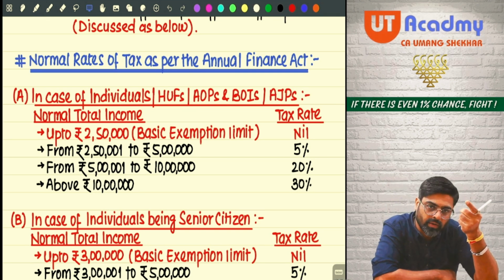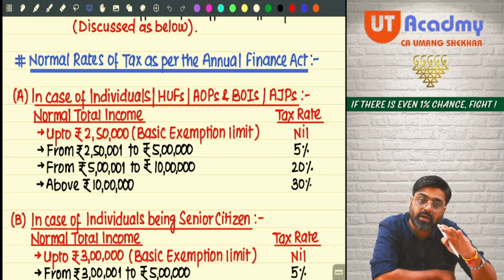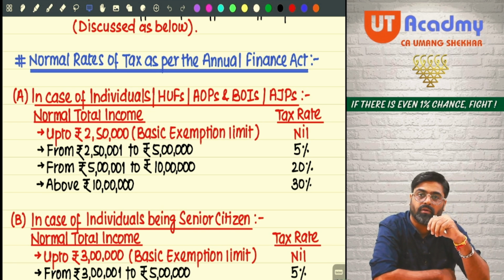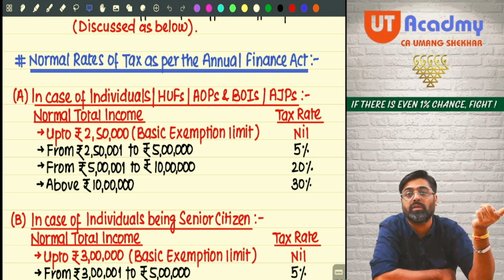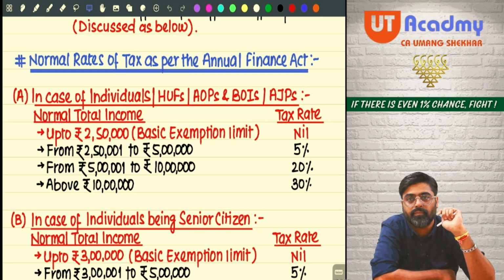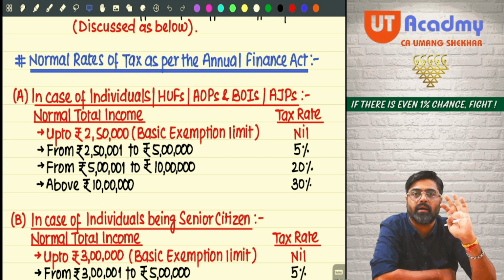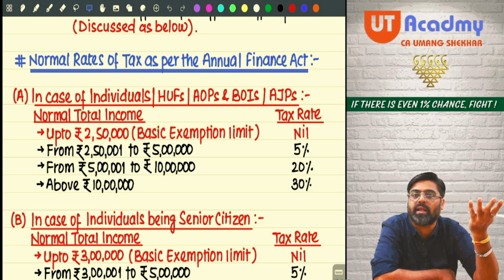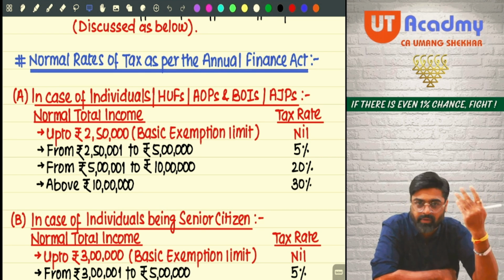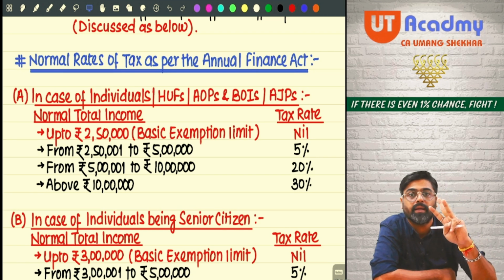Now, whatever total income you are earning above 5 lakhs till 10 lakhs, on that total income, the government will charge 20%. And any total income which you are earning over and above 10 lakhs, on that part of total income, you are supposed to pay 30%.